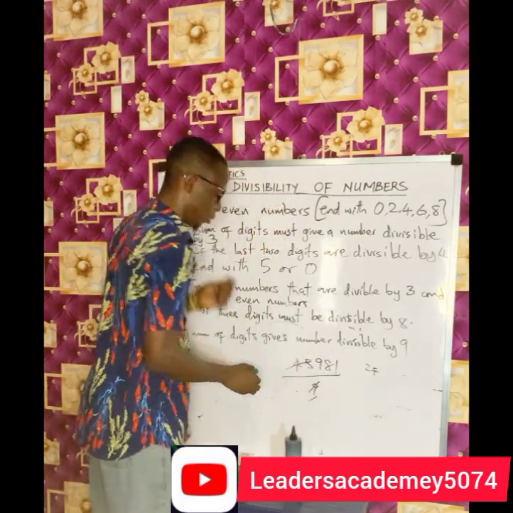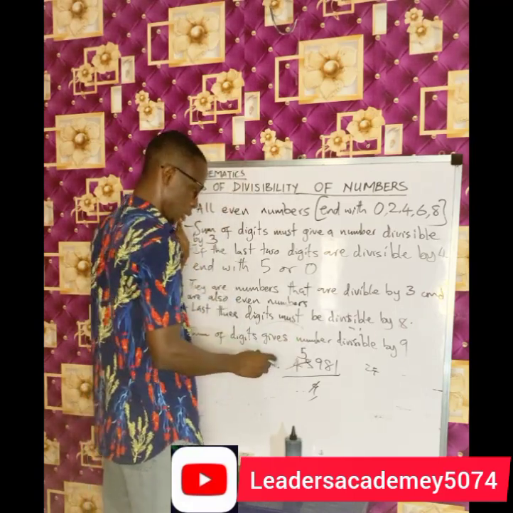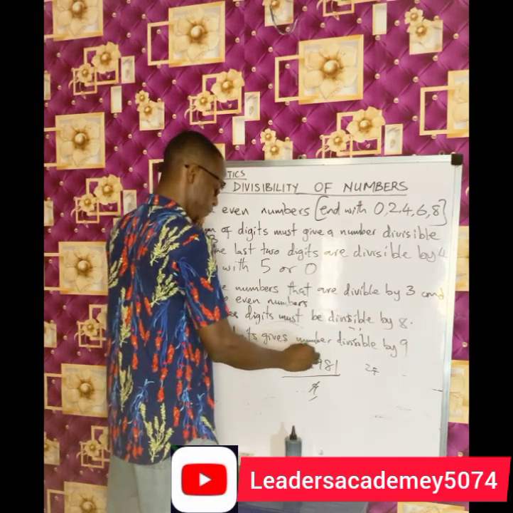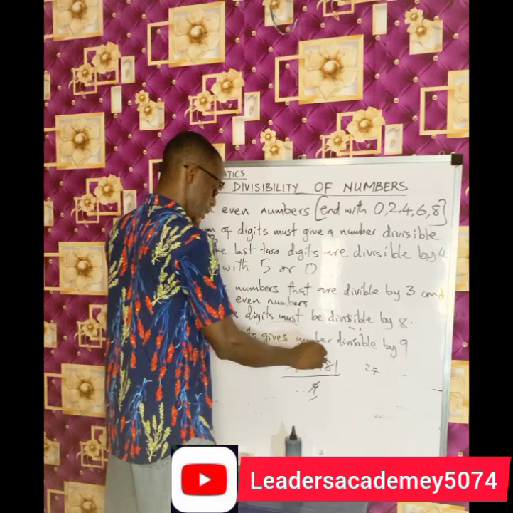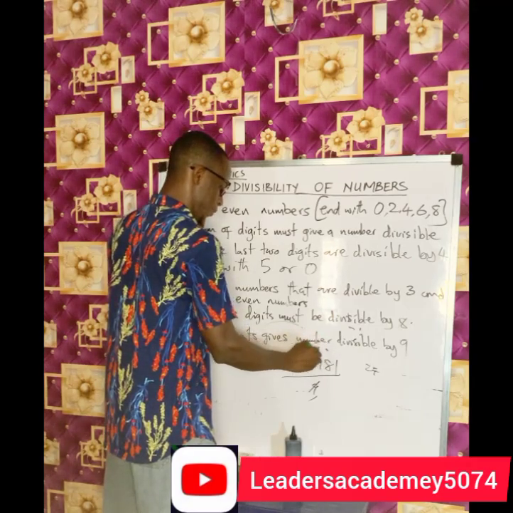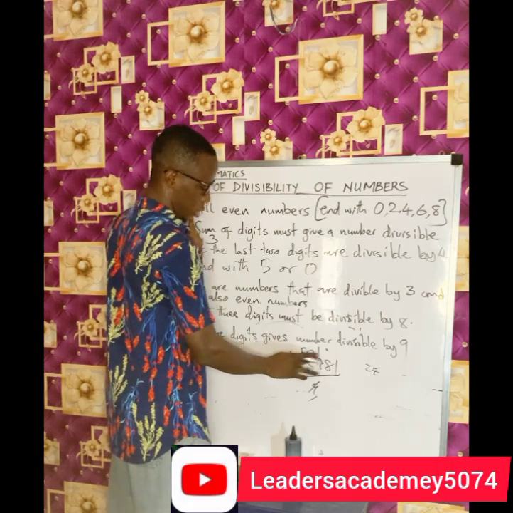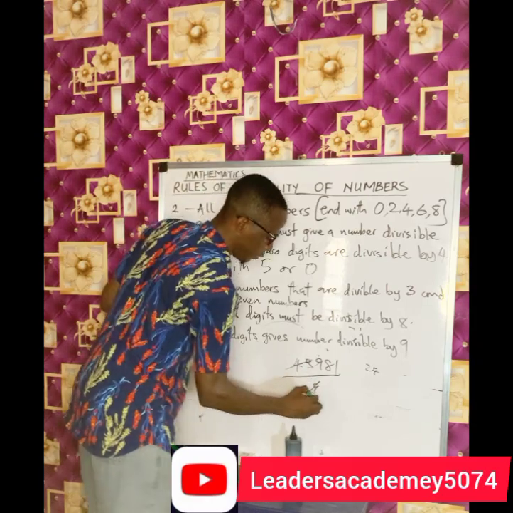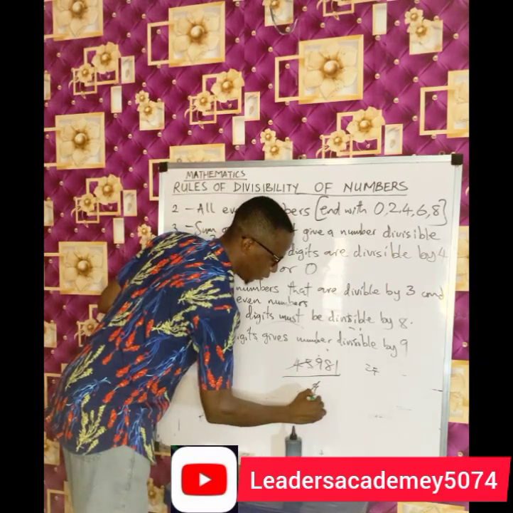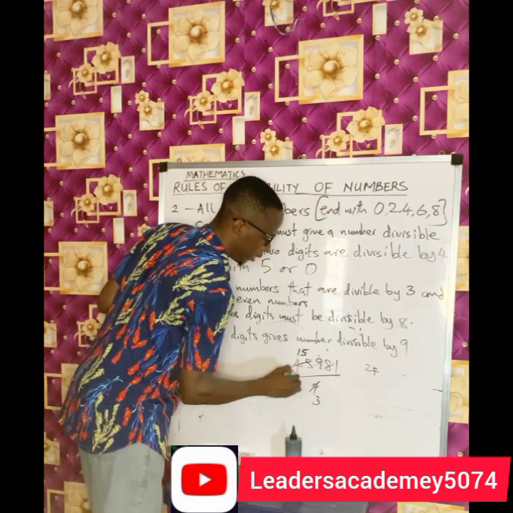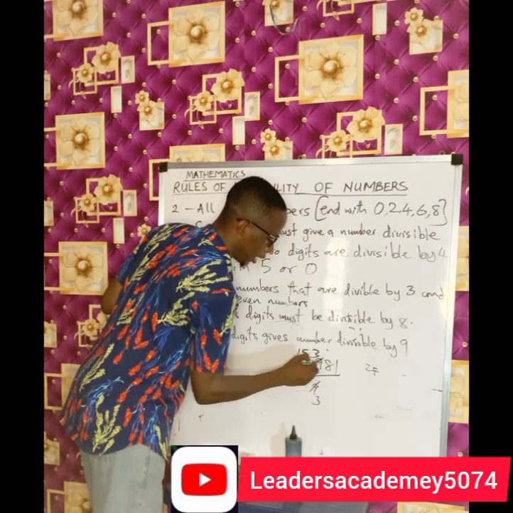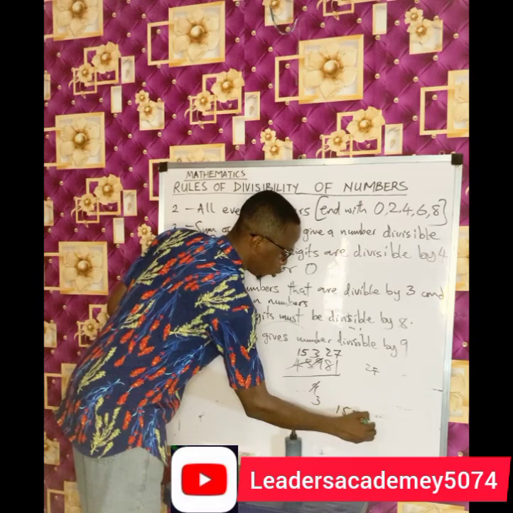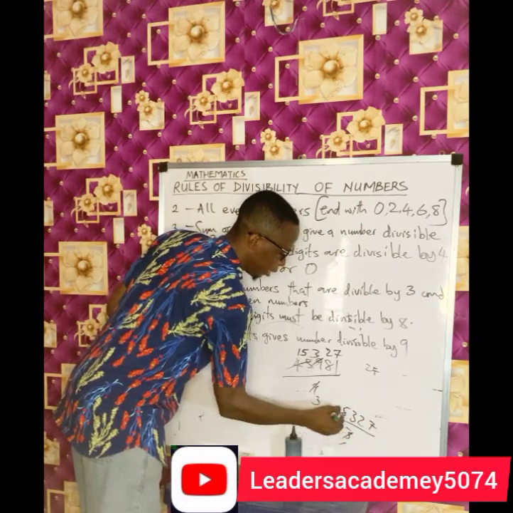Let's take it on a very slow pace. I have 27 here, and if I divide by 3, I have 9 here. 1, 5, 3, 2, 7 over 3: here 1, here 5.